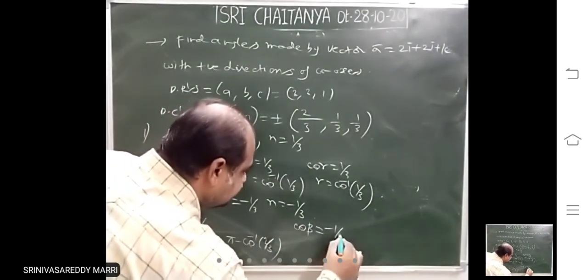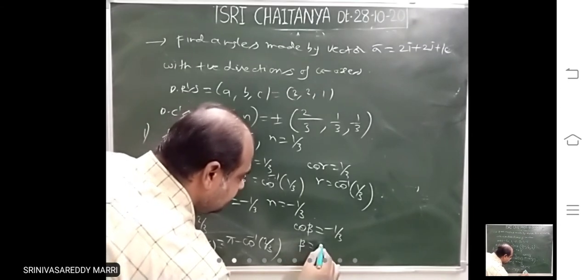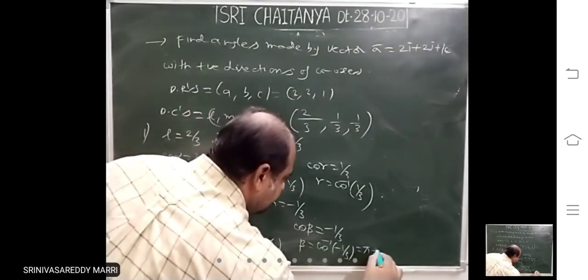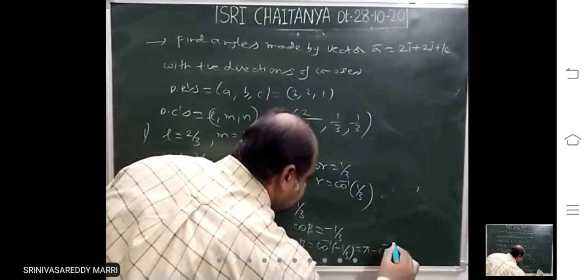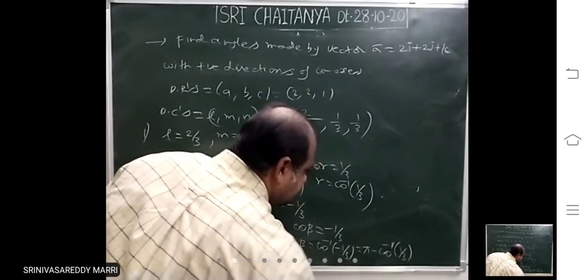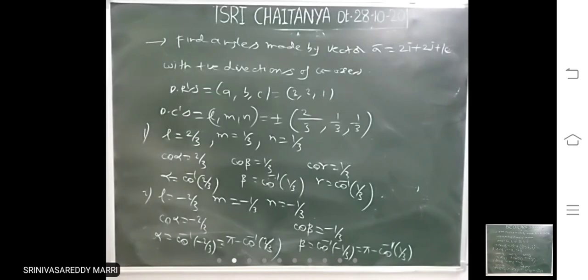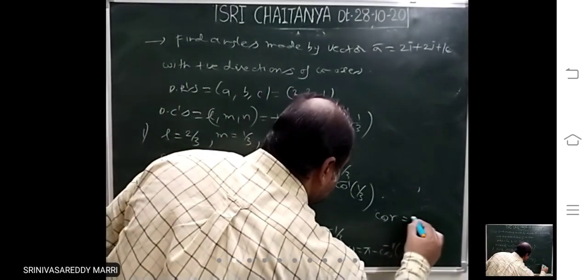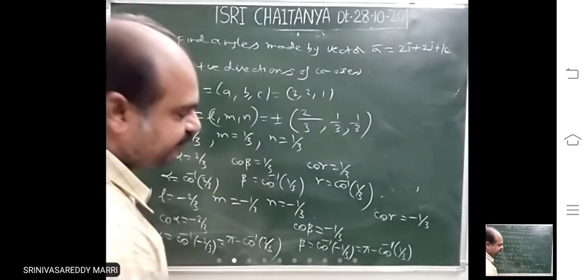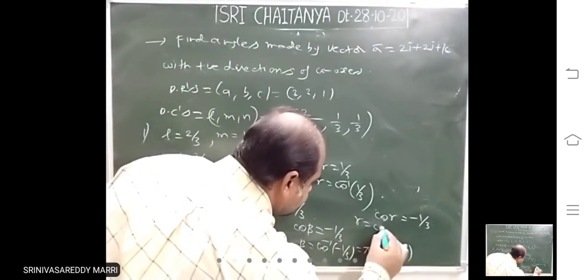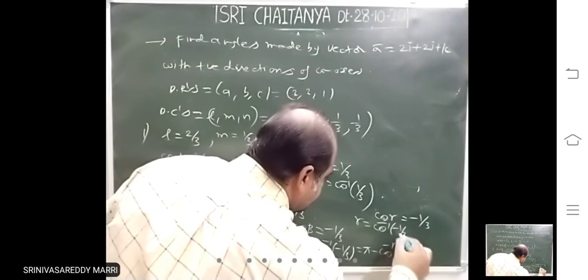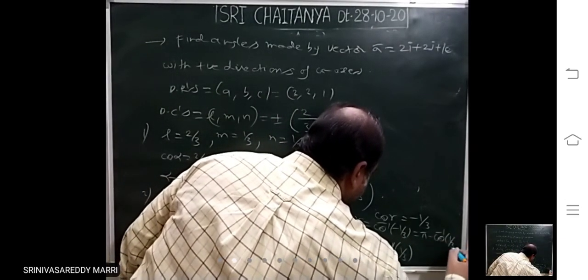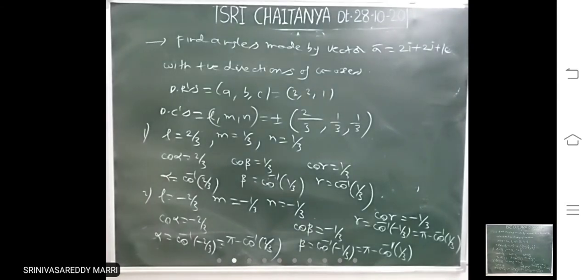Cos beta is minus 1 by 3, so beta is pi minus cos inverse 1 by 3. Cos gamma is minus 1 by 3, so gamma is pi minus cos inverse 1 by 3.